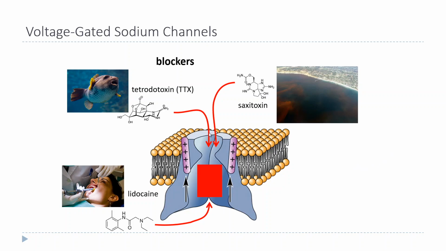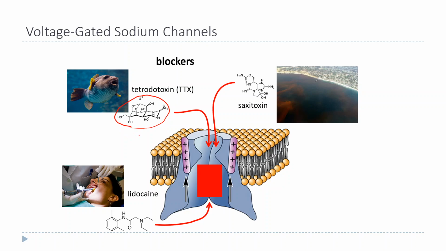So one important one is this stuff here called tetrodotoxin, or usually just TTX. TTX and all these drugs block the channel. That means that even when the channel is open, sodium ions can't go through, because the drug just happens to fit somewhere in this pore, or it somehow prevents the channel from opening. And so TTX works that way.